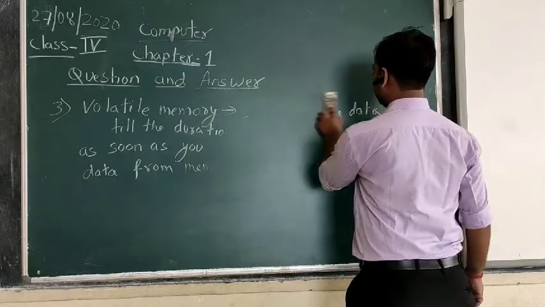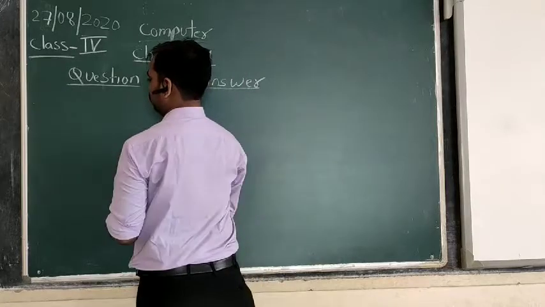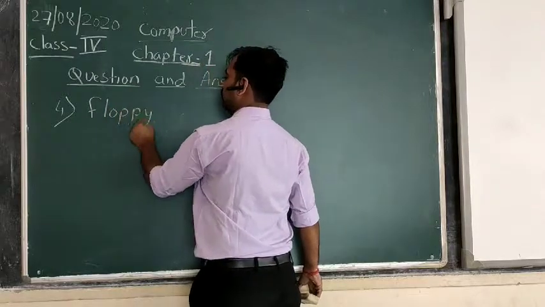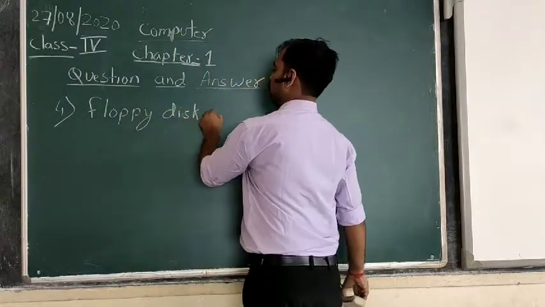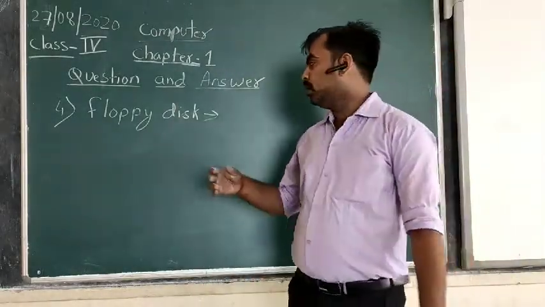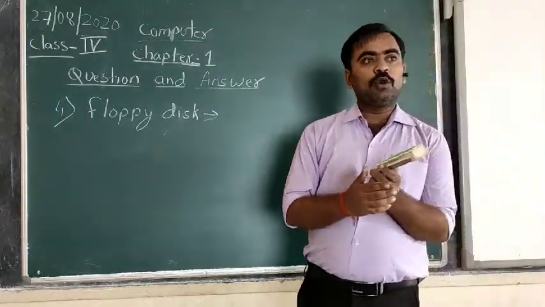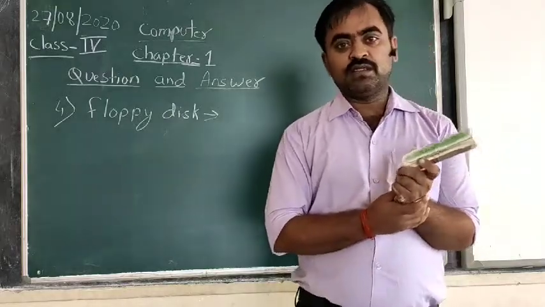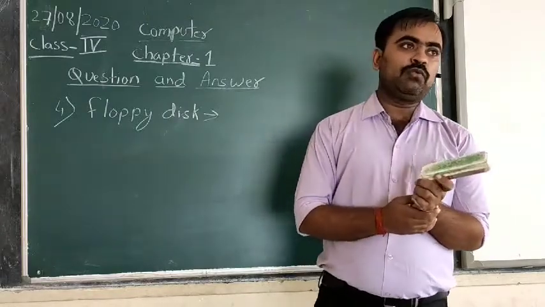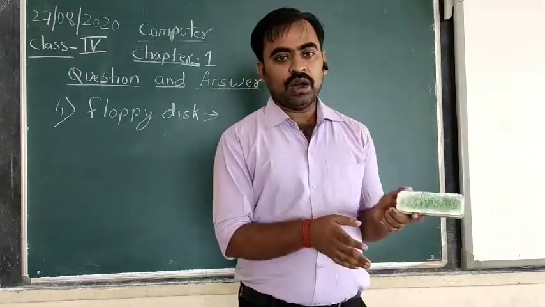The next one is, what is floppy disk? The fourth question. The fourth one, floppy disk. When we are talking about some external storage media, the memory devices, secondary memory devices, which can store the data permanently, and through which you can carry the data or you can exchange the data from one system to another easily.